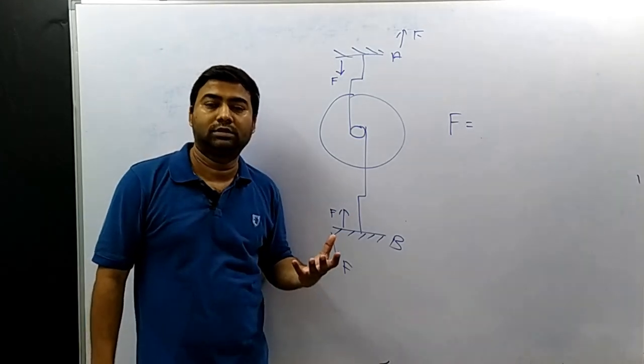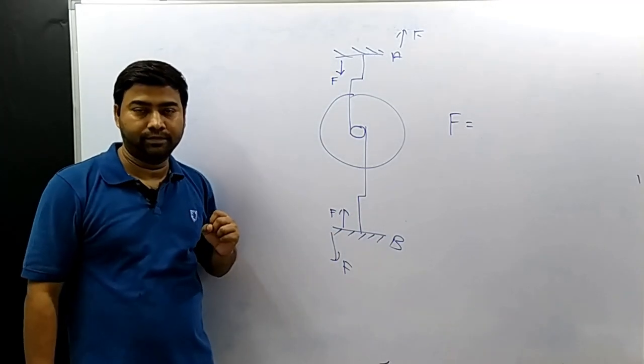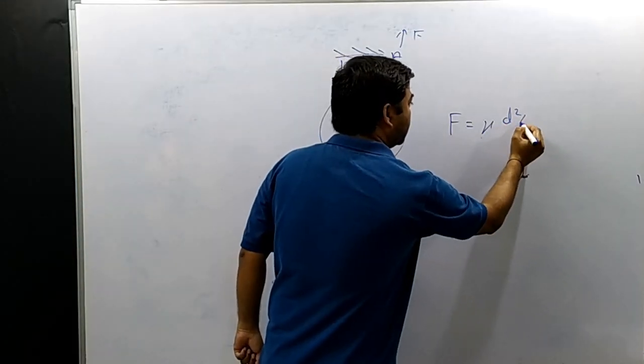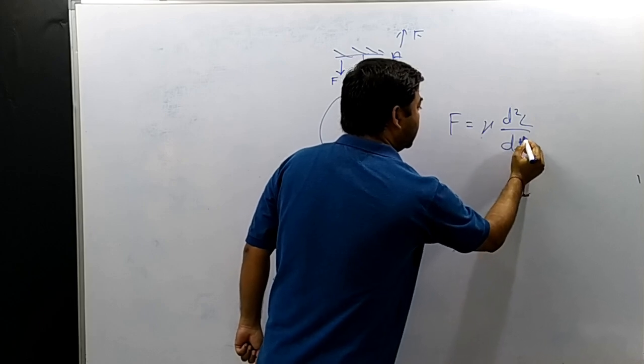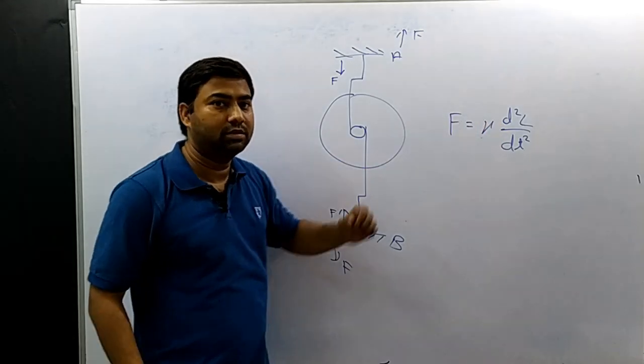This opposite force exerted by the inerter at ends A and B is given by mu d square L by dt square, that is, the second derivative of length.